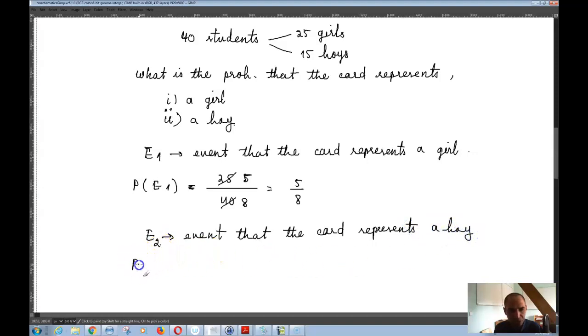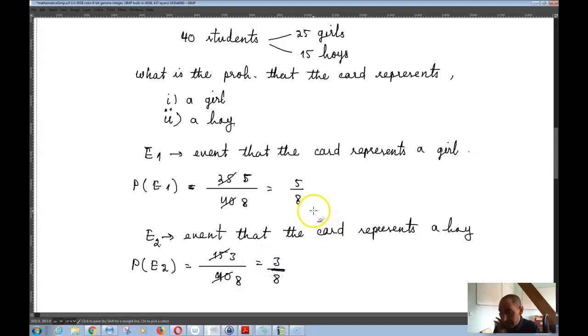To calculate the probability of that event, I need to divide all the outcomes of the experiment that favor E2, which is 15, because this event says the card must represent a boy, and I have 15 boys over here. The total number of outcomes of the experiment would be 40, because in total I have 40 students. So divide by 5, I'll get 3, divide by 5, I'll get 8, so that's 3 eighths.